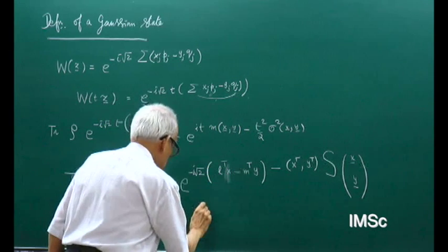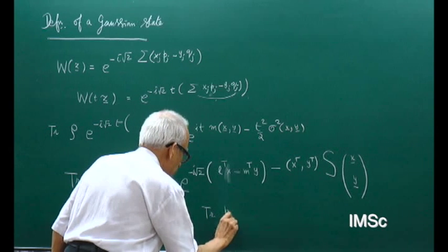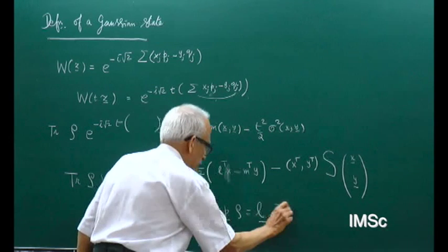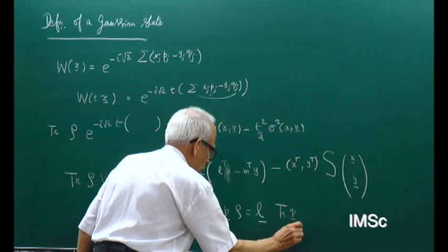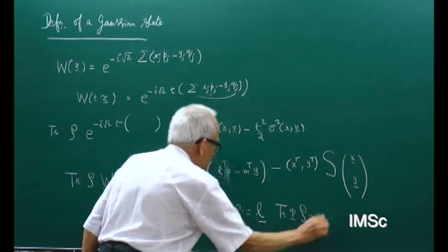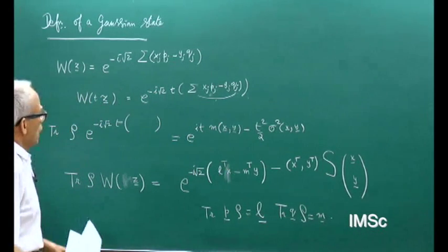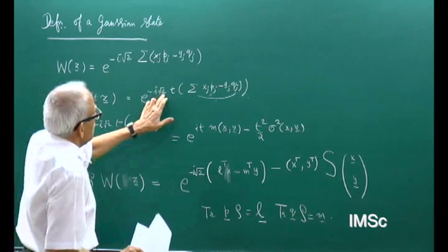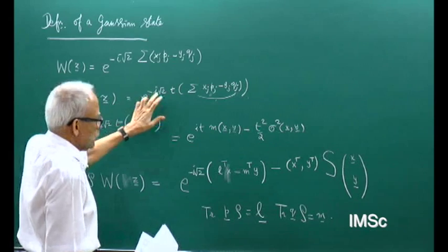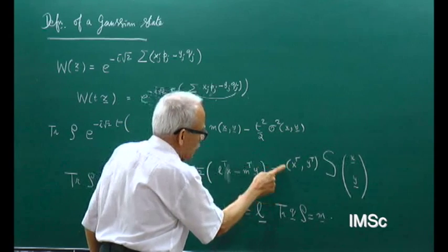That means L is trace P rho, and similarly trace Q rho is equal to M. And because of this root 2 factor coming in, the square of that root 2 and the half, they cancel.